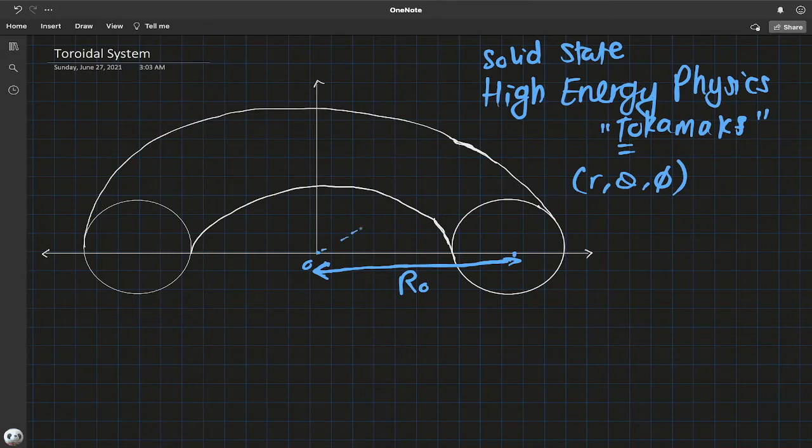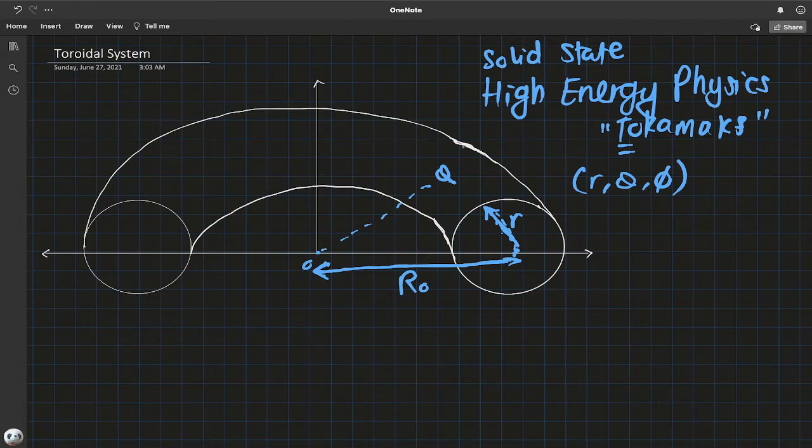And then assuming you have some point here, call that Q, we can define a radius parameter, that's a variable. So this is r, the radial distance from this point to any point extending outward on the surface of this donut.